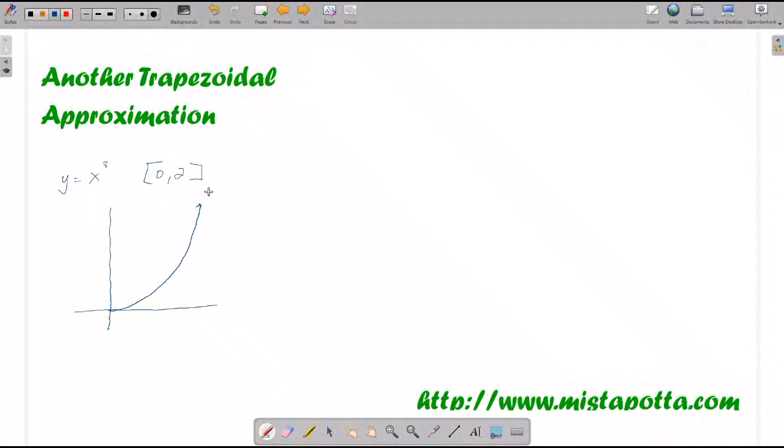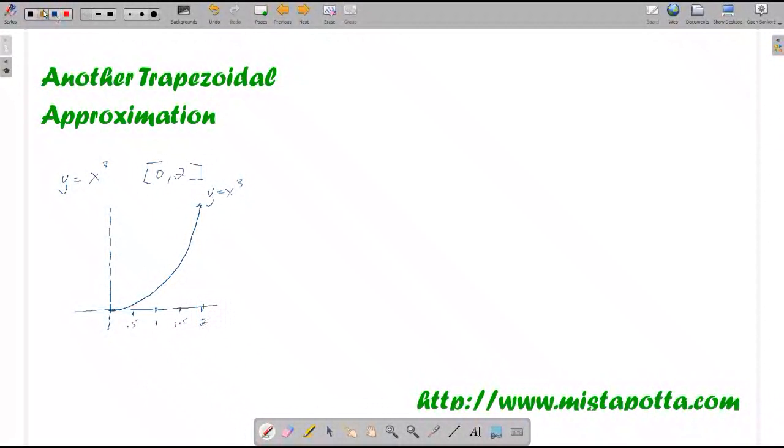So this is my function y equals x cubed, and I'm looking at it from 0 to 2. So there's 1, so that means this has to be 0.5, this has to be 1.5, and this has to be 2.